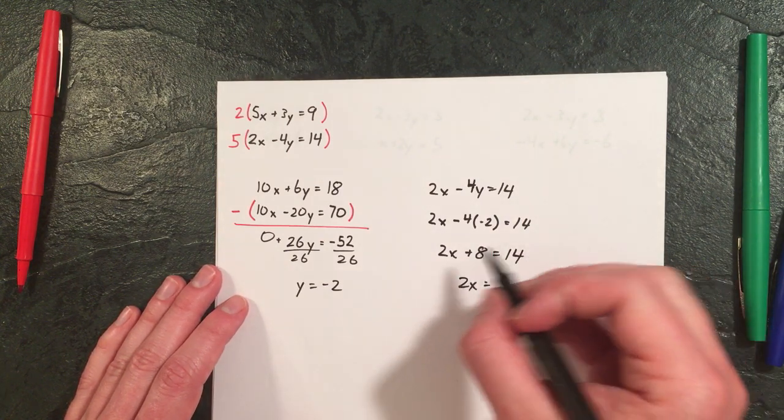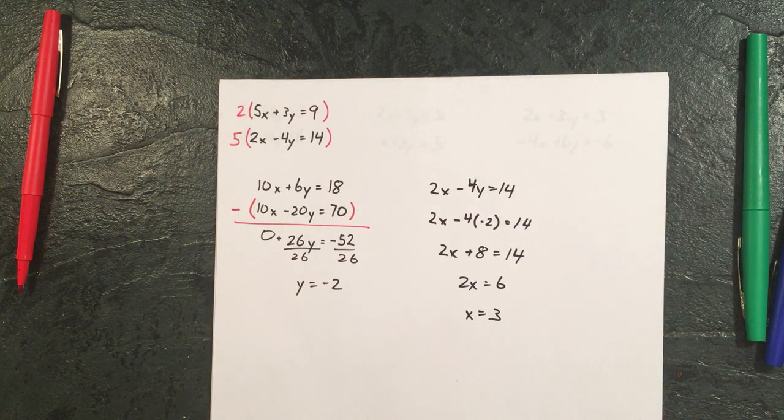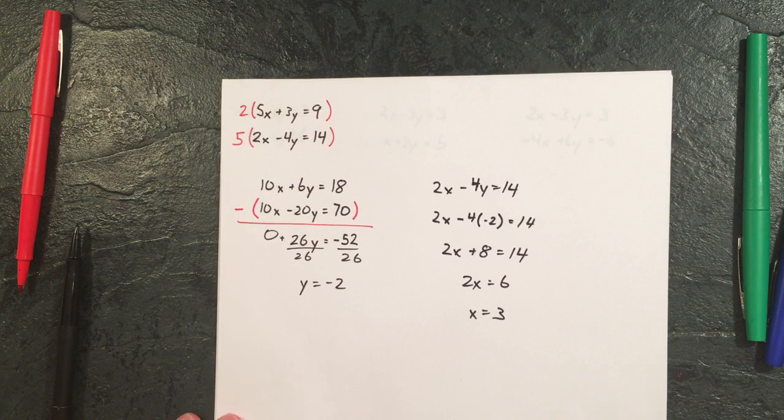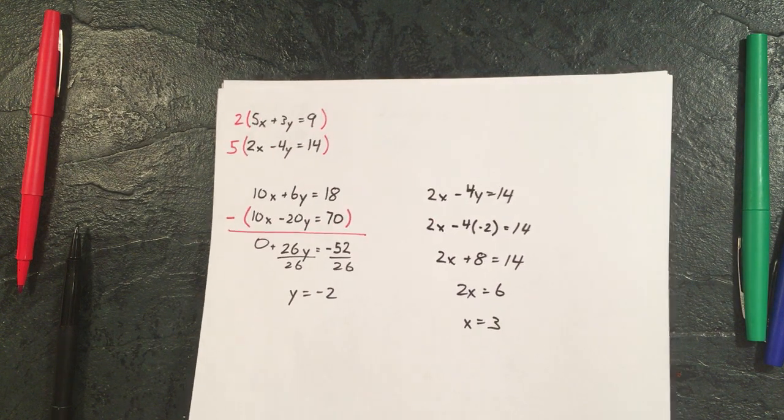Subtract the 8 over. So we have 3 and negative 2. And of course, it's always good to check these, plugging them both into one of the equations, seeing that they work out. I'm not going to go through and do that, but it's a good idea at home for the homework ones.